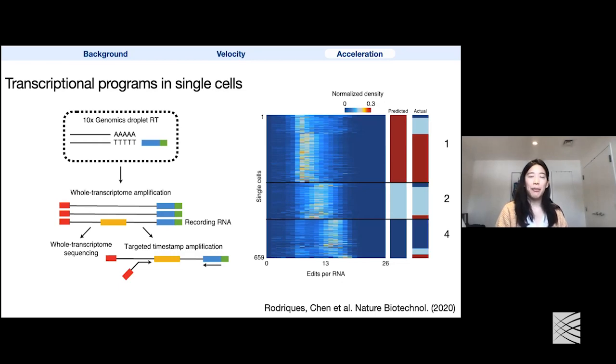But there are creative ways to try to record time. We thought about having an editor on the poly-A binding protein, and using the poly-A tail as a way to record edits and then read out your time. That way you don't have to worry about lots of different timestamps, but that's a whole other challenge in and of itself. So one day, I hope.